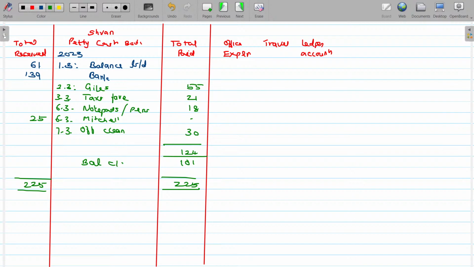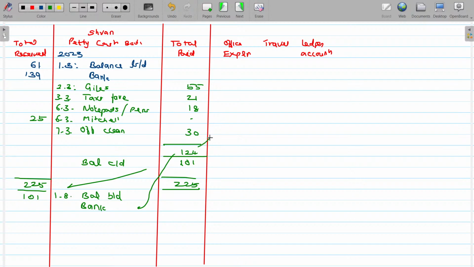Balance carried down. On the next date, 1st April, balance brought down being this value 101 will be transferred here. The amount we spend will come under amount recoverable from the main cashier, for making it the imprest value. In this case, you have to be careful.